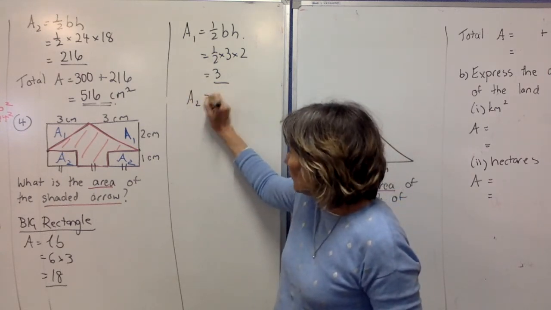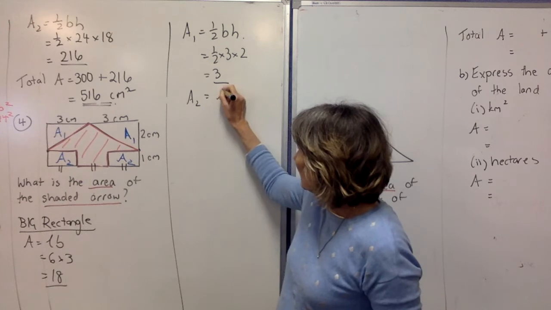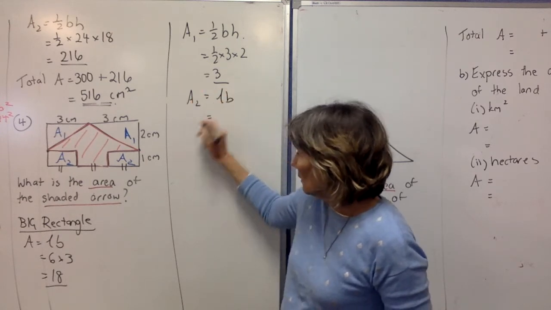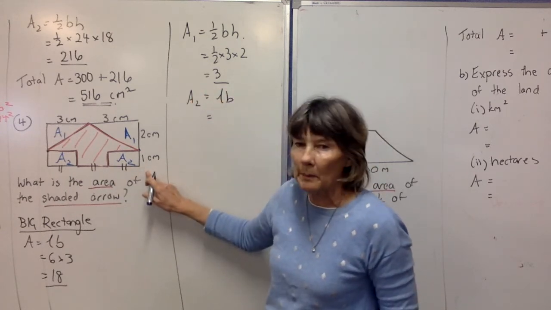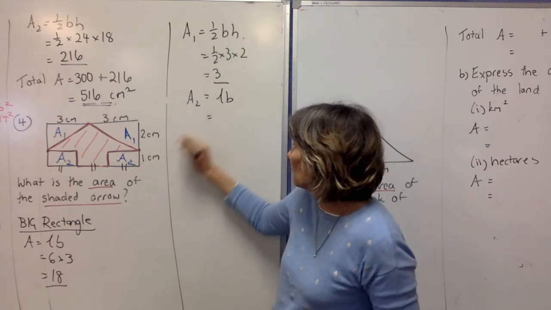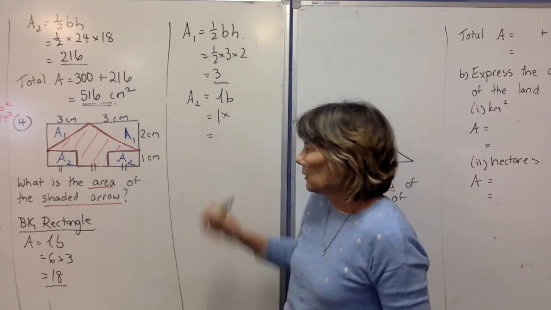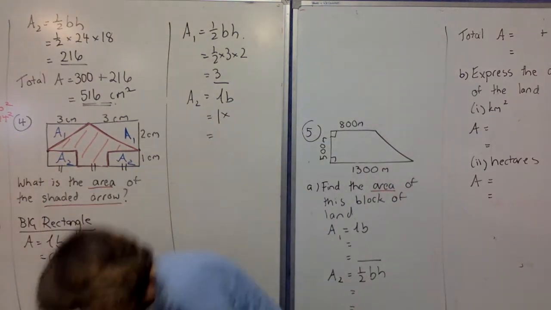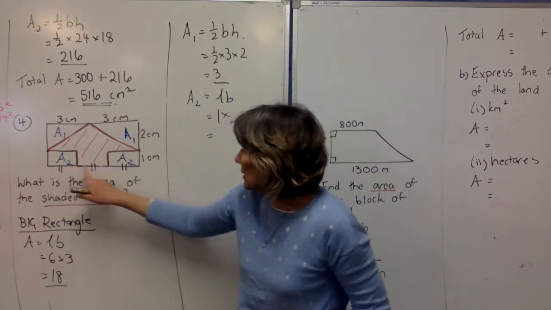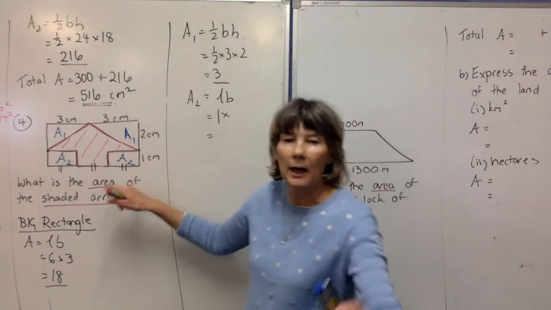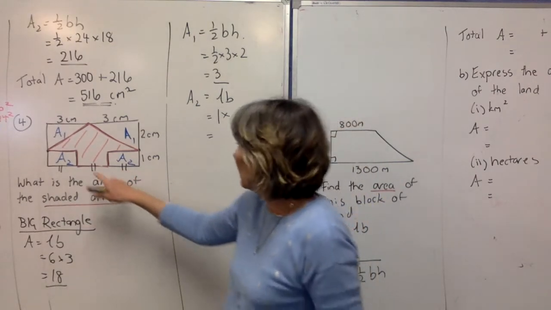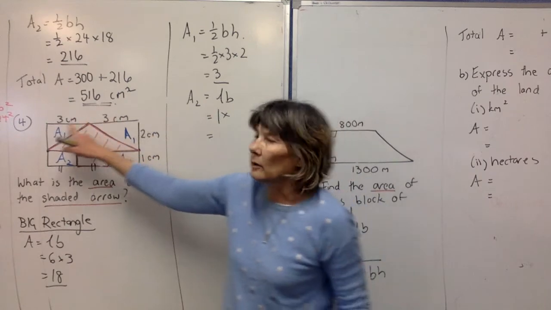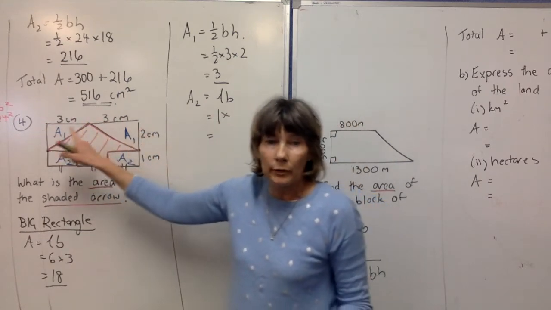We're going to work out area 2, which is a rectangle, length by breadth. The length of it, we'll come back to that in a minute. Let's just call the length 1 because we know that. All right, now this length here, if you look at the diagram, they have told you that these three sides here are equal. Okay, so the whole length up here is 6 when you add the 3 and the 3.